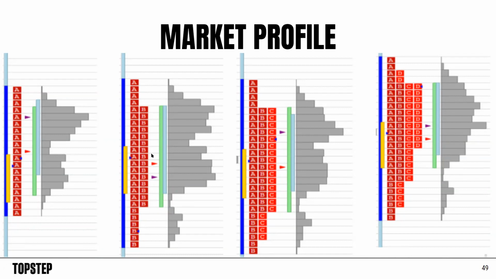B period opens up, ranges up to here, and then extends the range lower, widening the initial balance and also moving the point of control lower. Value is developing at this time. 70% of the time has been spent between this price and this price.